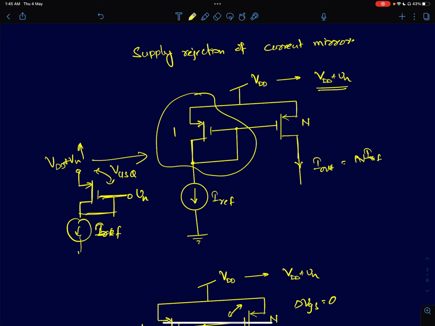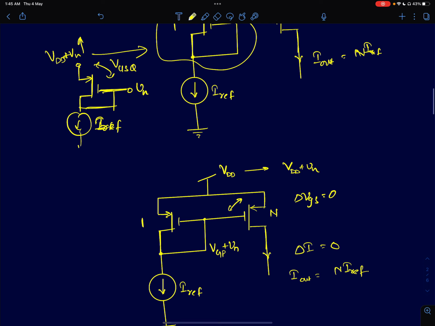So the source is changing by Vn, and this node here also changes by the same amount, Vn. Therefore, delta VGS, the change in VGS, is 0. Because the mirroring device's VGS is exactly the same as the reference device, the mirroring device will also see no change in the current.